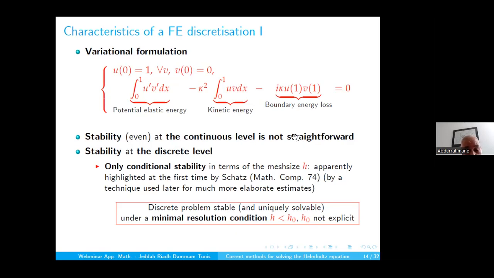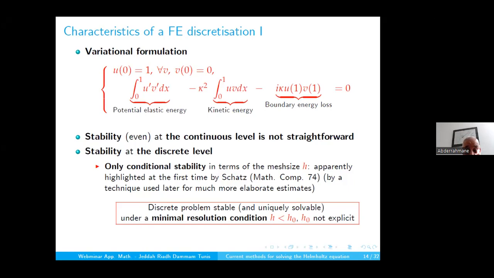It is obtained only by arguments based on compact embedding and Fredholm alternative and so on. And you find again all this difficulty at the discrete level plus some other ones.